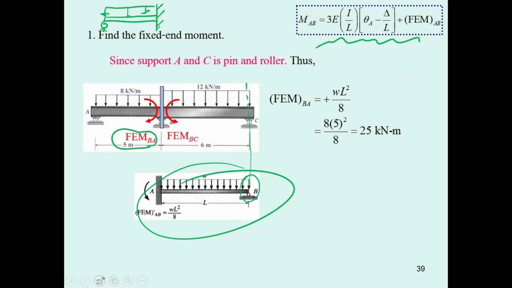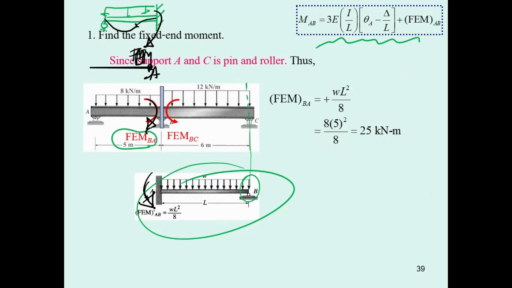Under application of the force, this one is supposed to have this deformation. So fixed end moment BA is going to rotate in this direction. Okay. For BC, follow the same as in the table.